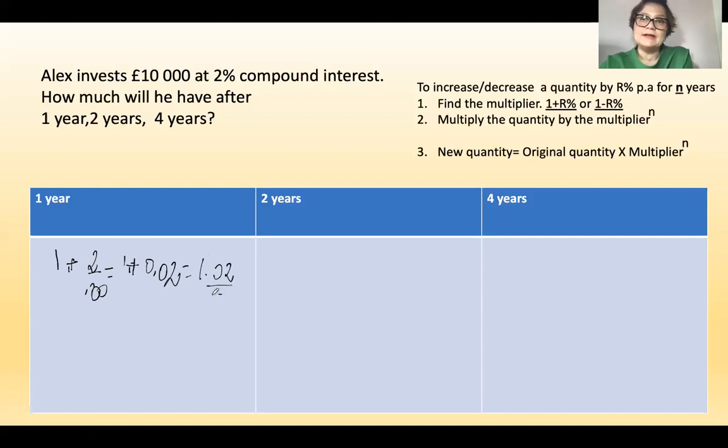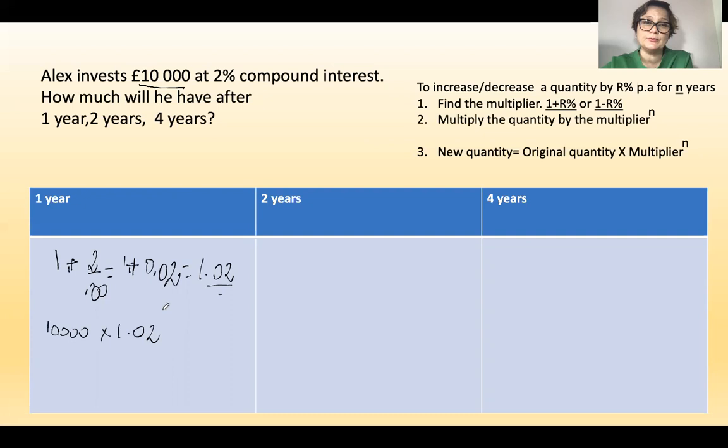And then multiply the original quantity, which is £10,000, by the multiplier to the power of n. Now, n is the number of years. So n, in this case, is 1. So this is what we have: £10,000 times 1.02.